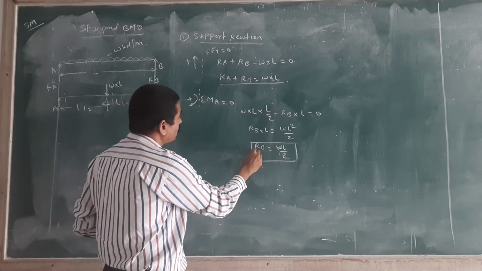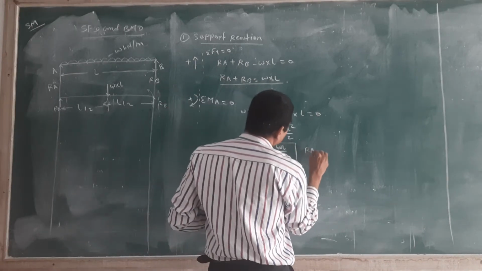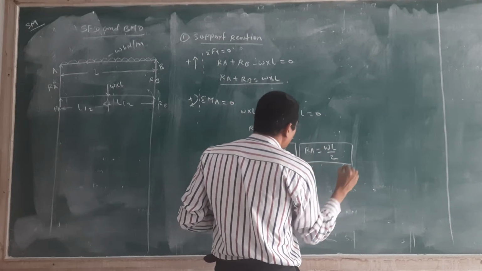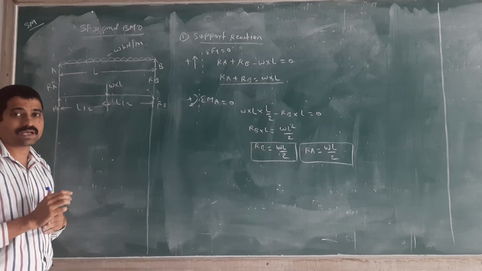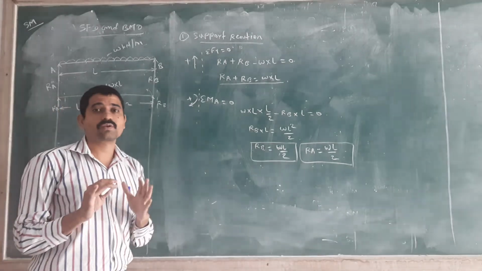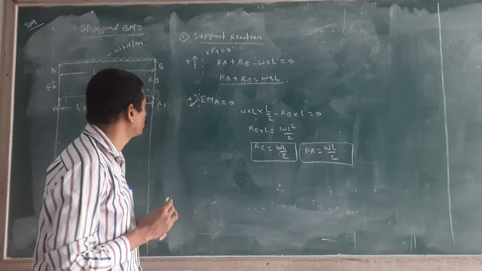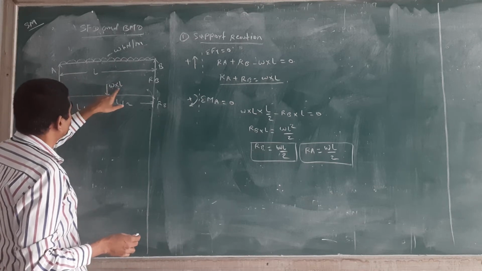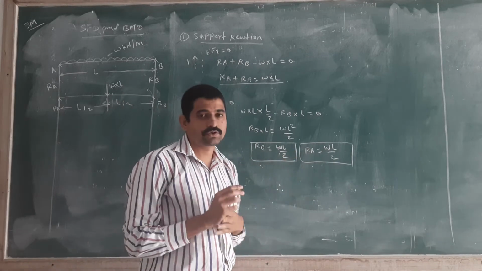When you put this value in this equation, you will again get RA equal to WL by 2. Or when you are given a symmetric figure, remember that each support reaction is equal to the total load divided by 2. How much total load is on this beam? WL, and divided by 2 means you will get WL by 2.